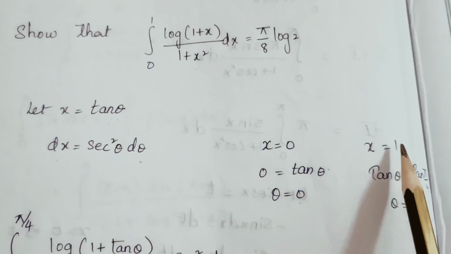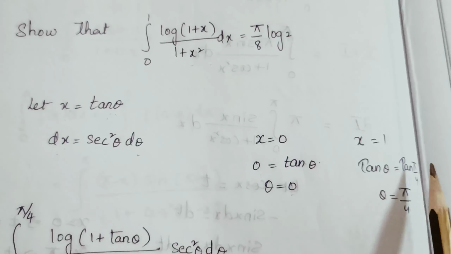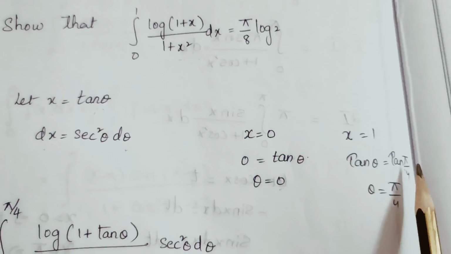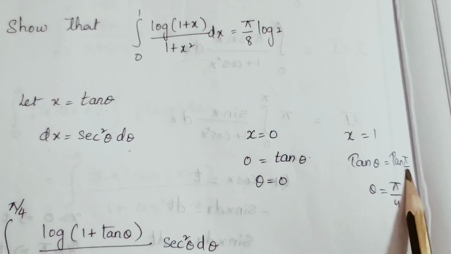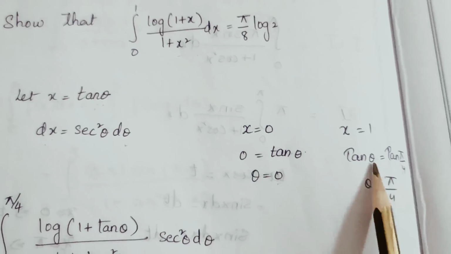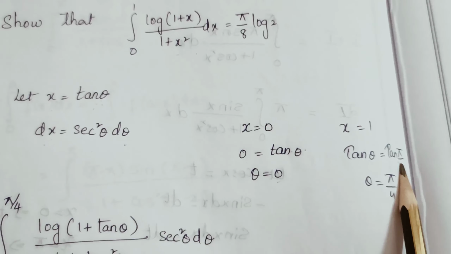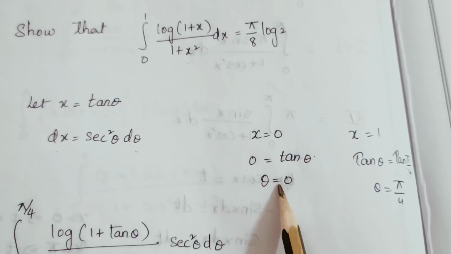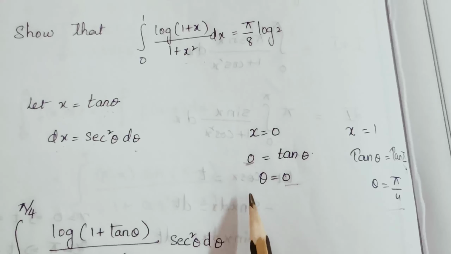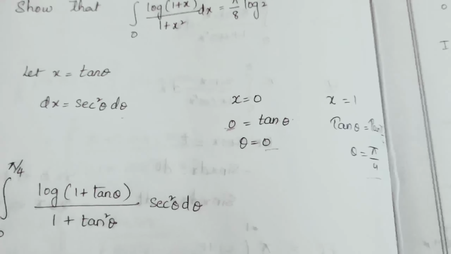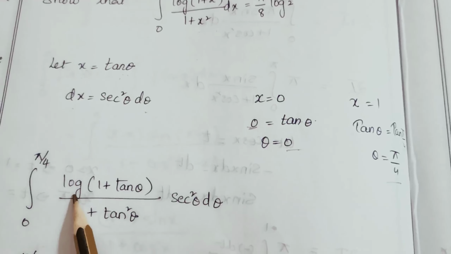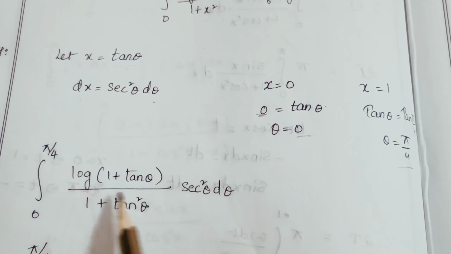When x is equal to 1, tan theta is equal to 1, and tan 45 is 1, so tan theta is equal to tan pi by 4, so theta is equal to pi by 4. So the limits are 0 to pi by 4.